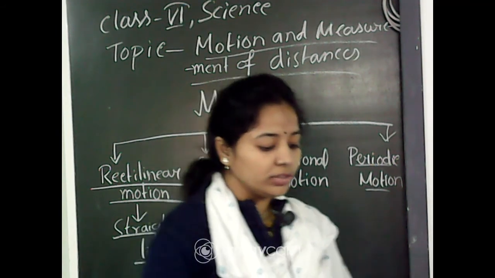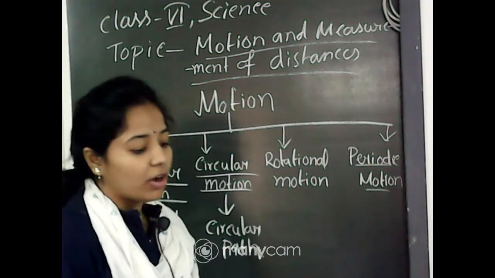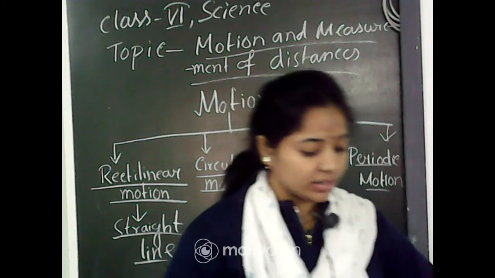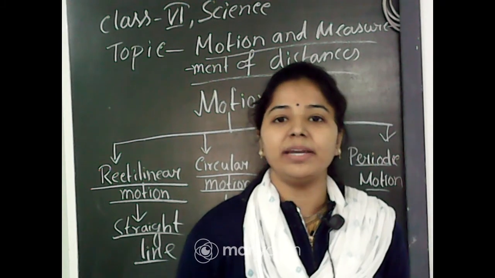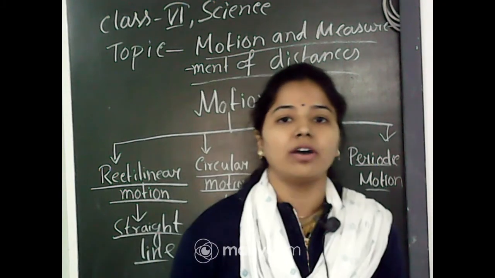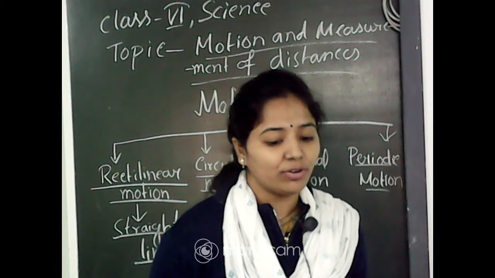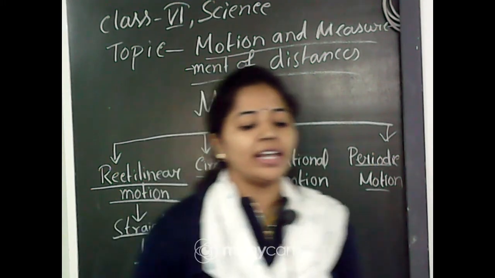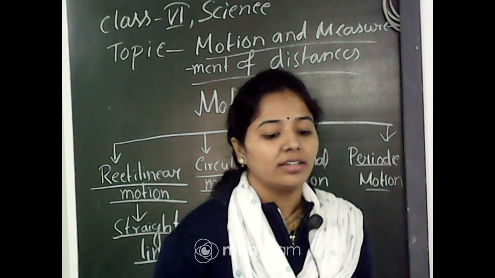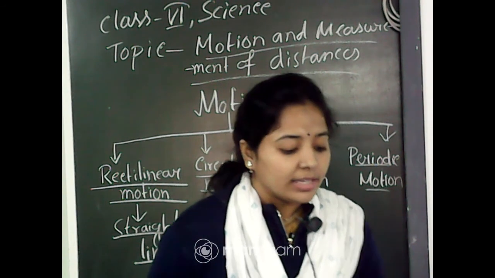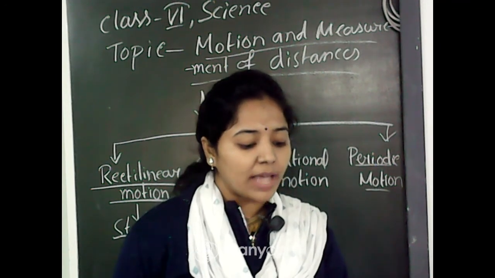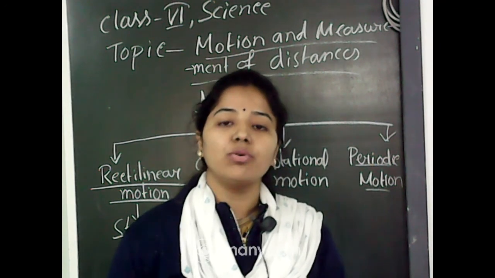Now comes the third type of motion, that is called rotational motion. Have you ever heard of a spinning top, lattu? Yes, you know. And also you can take the example of our earth. Earth rotates about its axis, and a spinning top also moves about its own axis.